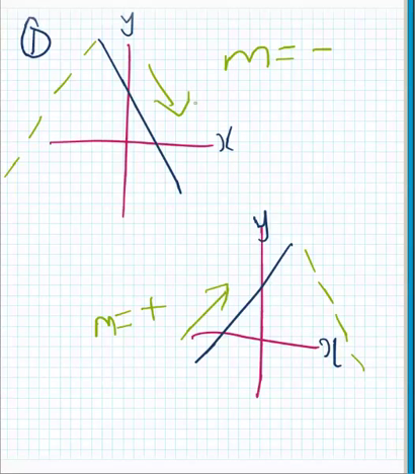And you can see that if we look at the y-axis, imagine we had numbers here like 1, 2, and 3, and the same thing here, 1, 2, and 3. With this one, if we're going downhill, we can see how the y values on the y-axis are decreasing, 3, 2, 1.